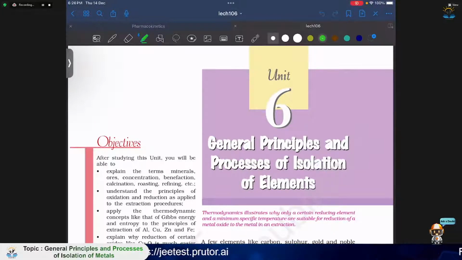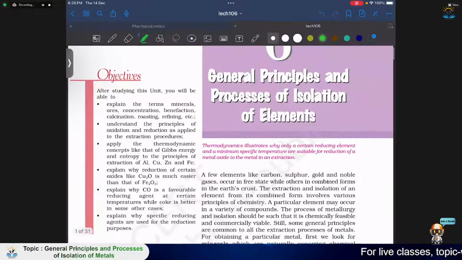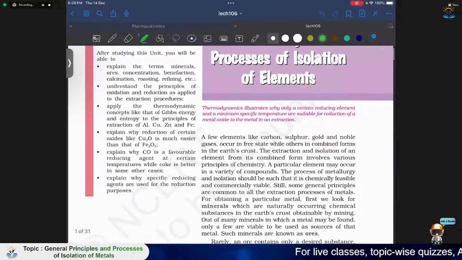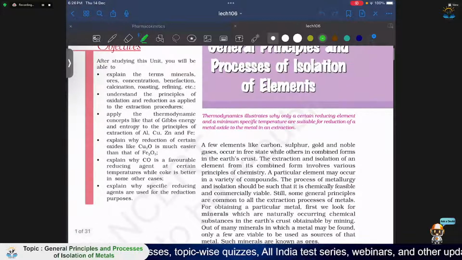Today I'm going to discuss the chapter Metallurgy, General Principles and Processes of Isolation of Elements. This chapter discusses how we extract elements in their pure form, how we refine them, how we process them, and we get a pure element, usually metals.